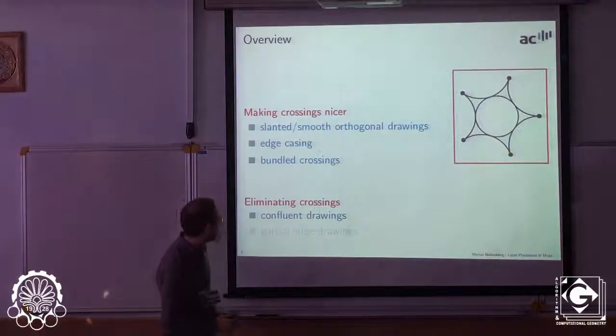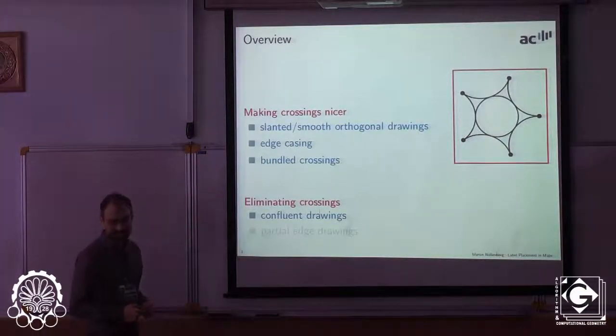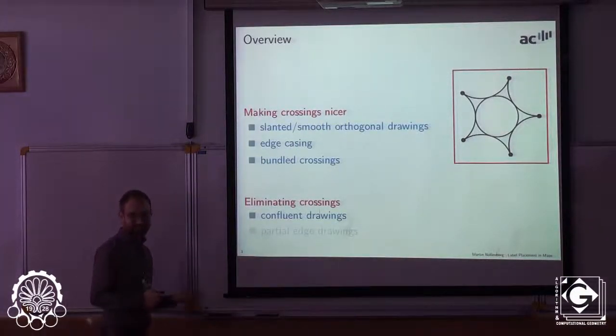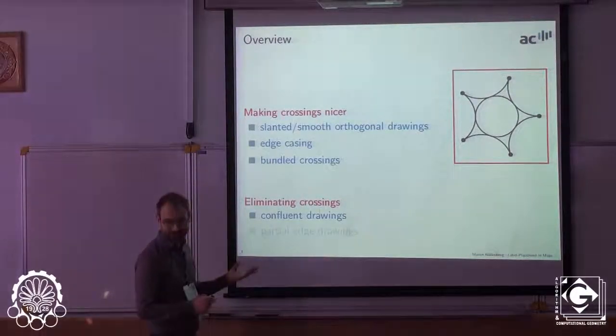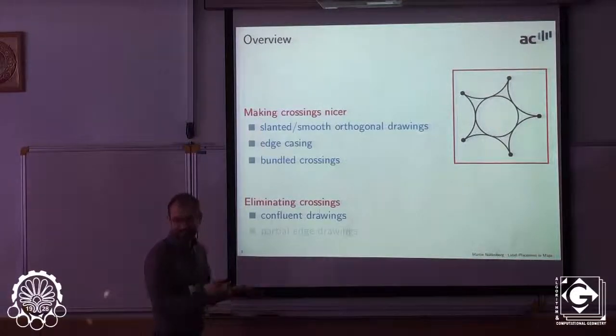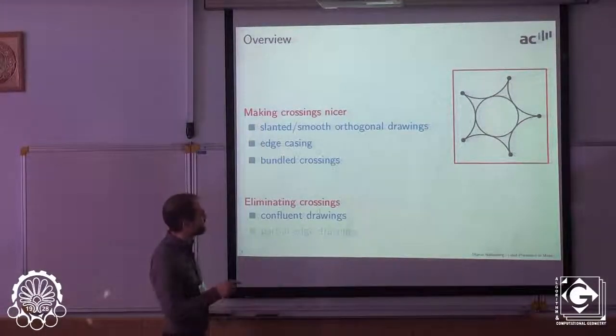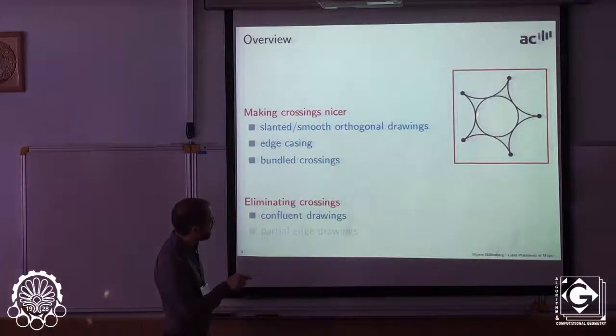And the second part is about eliminating crossings, in the sense that you show the graph in a style where you don't see the crossings anymore. Okay, we cannot do magic tricks here. If it's a non-planar graph, we cannot embed it in the plane without crossings. But what this confluent style does is that you indicate adjacency between vertices by the existence of a smooth path in that system of arcs.